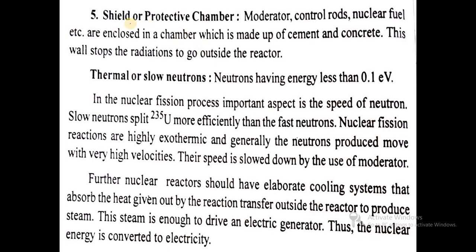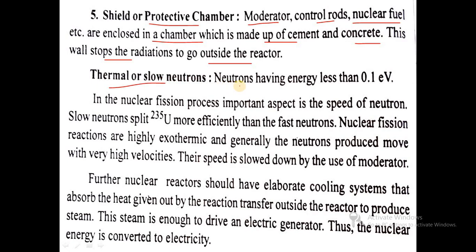The last one is the protective or sealed chamber. The moderator, control rods and nuclear fuel are enclosed in a chamber made up of cement or concrete. This stops the radiation from going outside the reactor, as shown in the figure seen in the first or second slides.